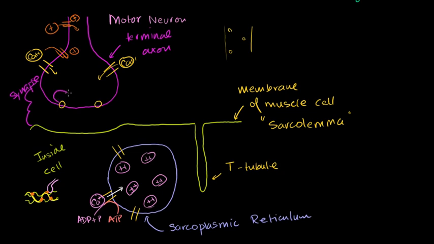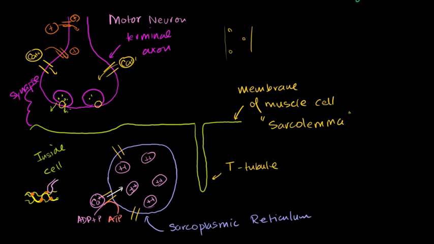And remember, vesicles were just these membranes around neurotransmitters, so they're all containing neurotransmitters. When the calcium binds to those proteins, it allows exocytosis to occur. It allows the membrane of the vesicles to merge with the membrane of the actual neuron, and the contents get dumped out.